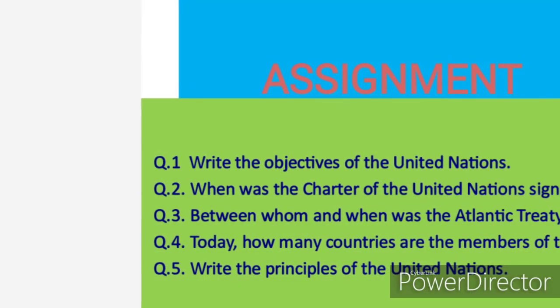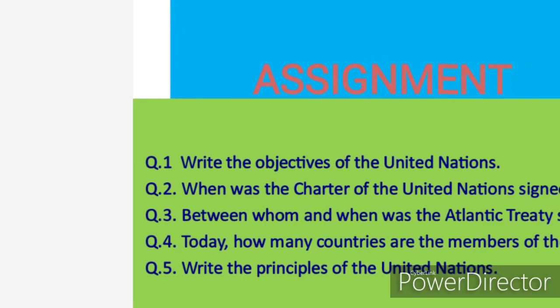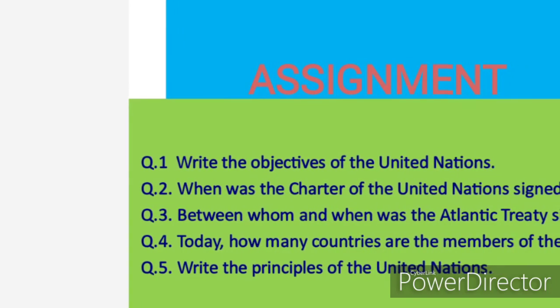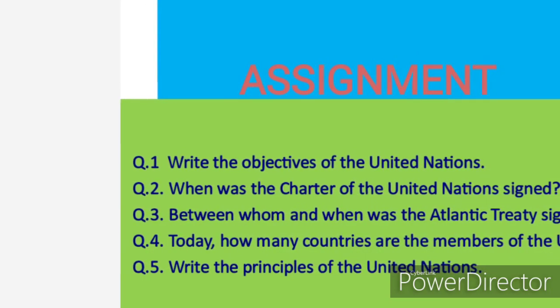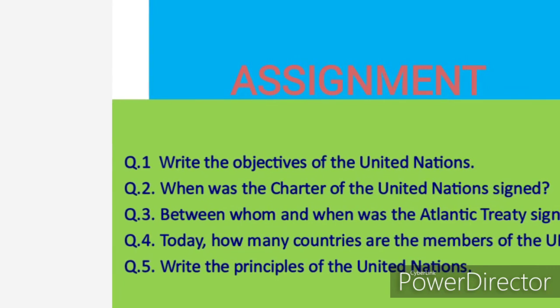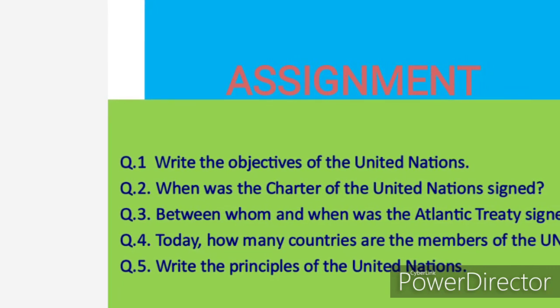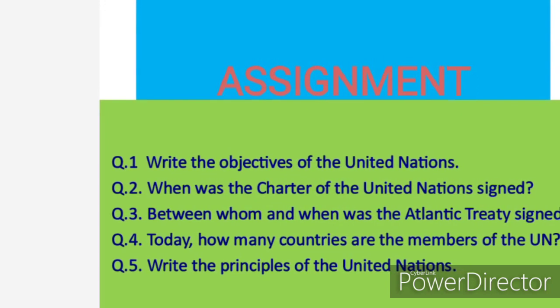This is all about part 1. Now let us see the assignment. But before that, please read the chapter carefully and answer the following questions. Question number 1. Write the objectives of the United Nations. Question number 2. When was the Charter of the United Nations signed?